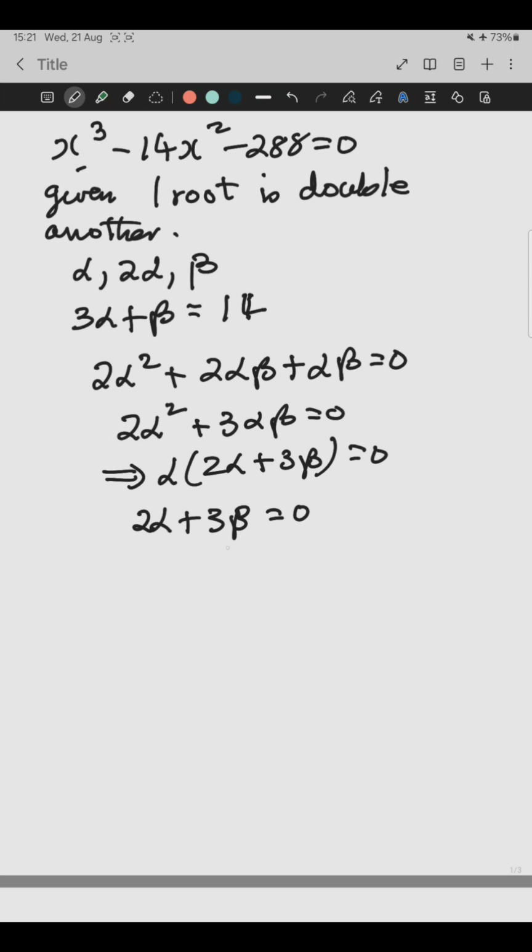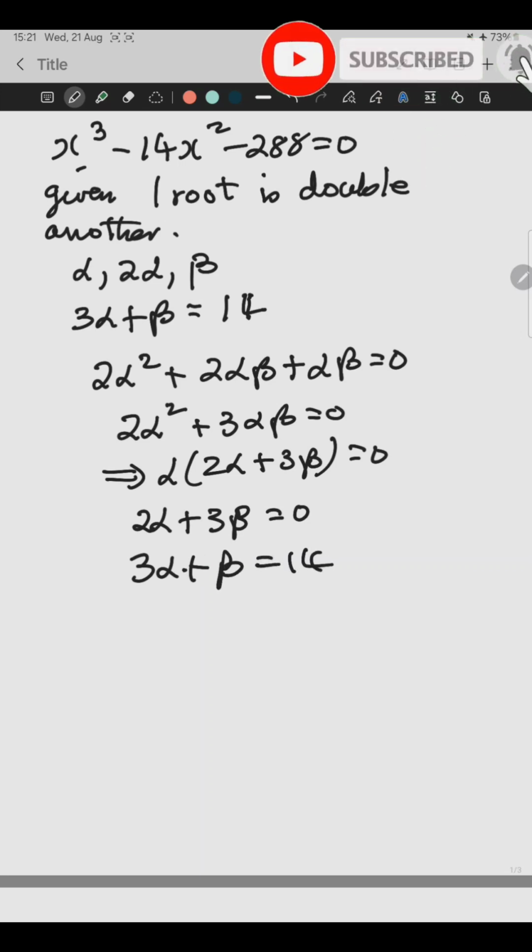And continuing, 2 alpha plus 3 beta is 0, but we also know that 3 alpha plus beta is 14, so we can solve those two equations simultaneously.